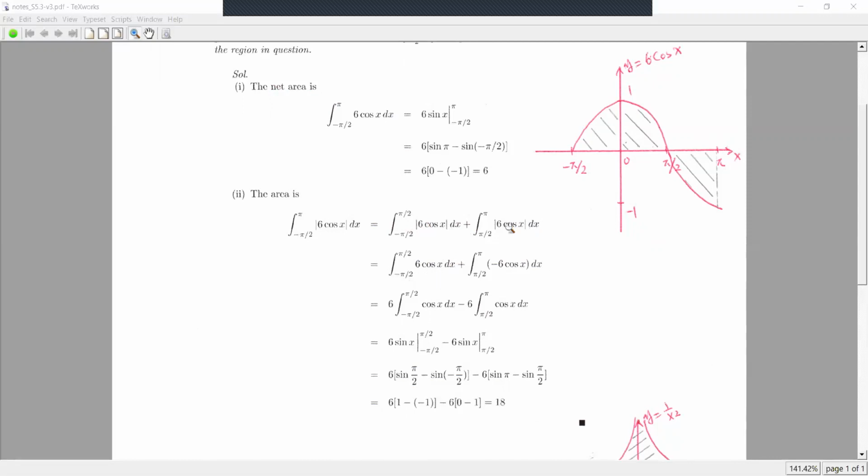Now, second integral: x is between pi over 2 and pi. When x is between pi over 2 and pi, the function is negative. When we remove the absolute value on a negative function, don't forget to add a minus sign in front of the function.